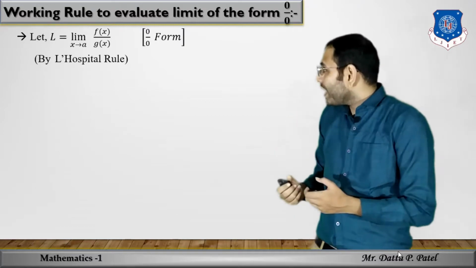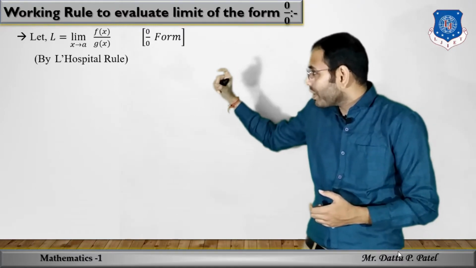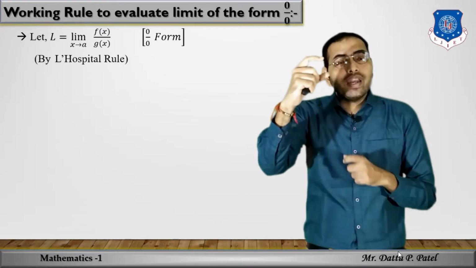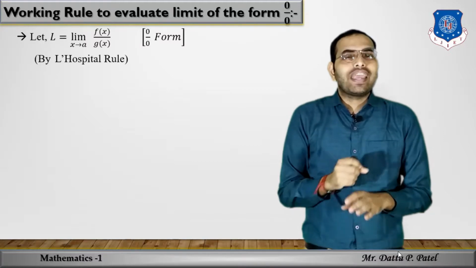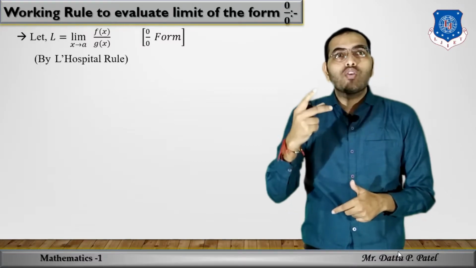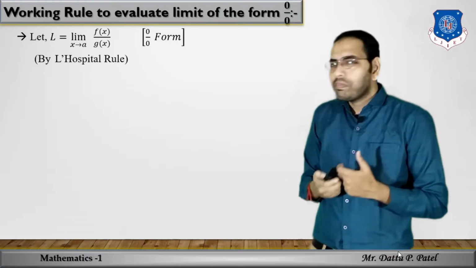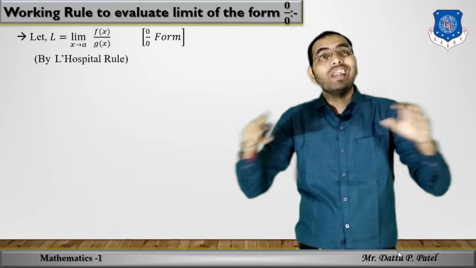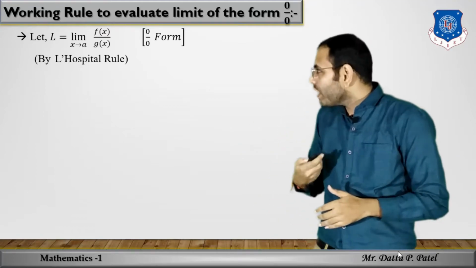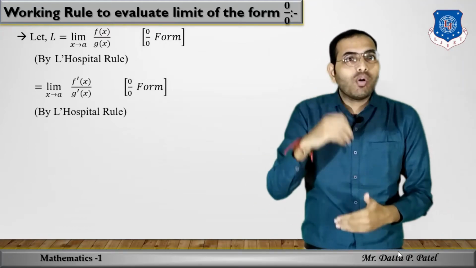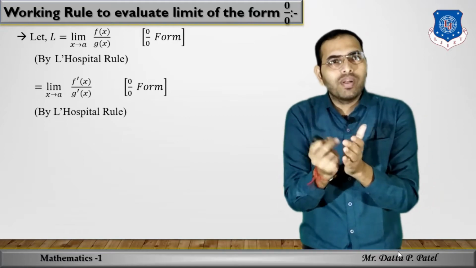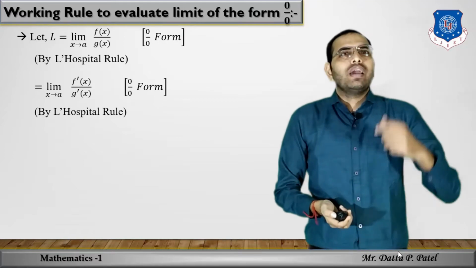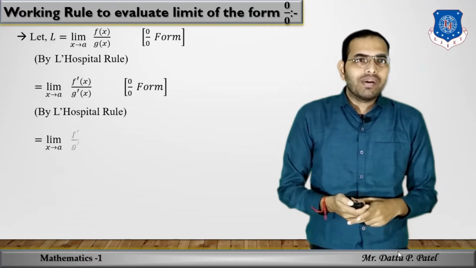We have the question form f of x by g of x, then we separate the differentiation in the numerator and denominator portion. Here we cannot apply the quotient rule or u by v rule. We have to apply the derivative of the numerator portion and the derivative of the denominator portion individually. Again we have to check whether it is 0 by 0 form or not. If it is 0 by 0 form, then we again apply the L'Hopital rule, meaning limit x tends to a, f double dash of a upon g double dash of a.